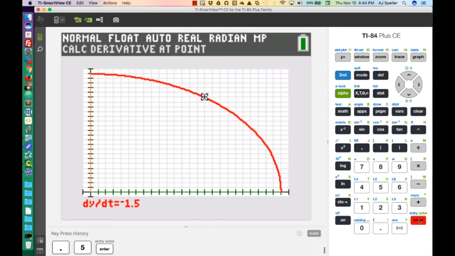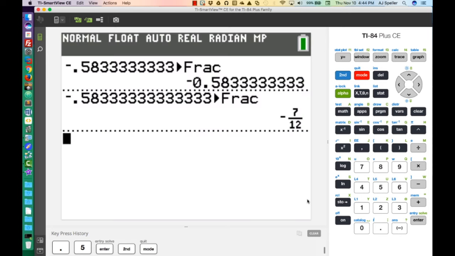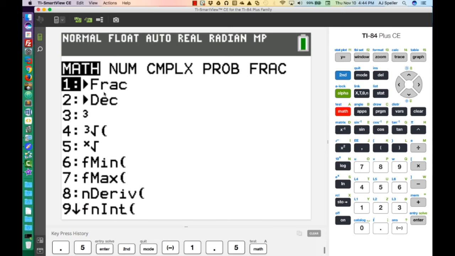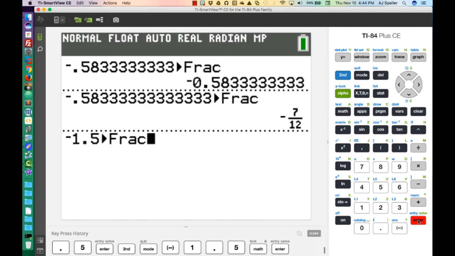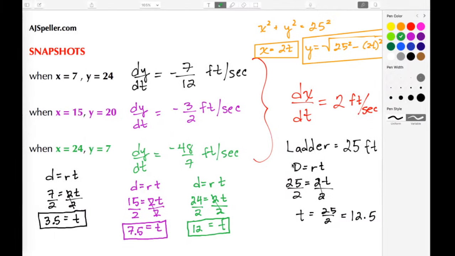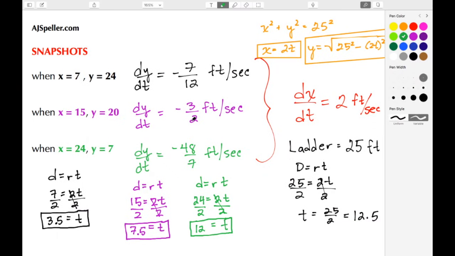And here we see we came out with dy/dt equals negative 1.5. So let's do second quit. Let's put in the negative 1.5 and then press math. It's already on fraction, so just press enter. And we convert negative 1.5 or negative 1 and 5/10, we get a negative 3 halves. And we see here we also have a negative 3 halves.